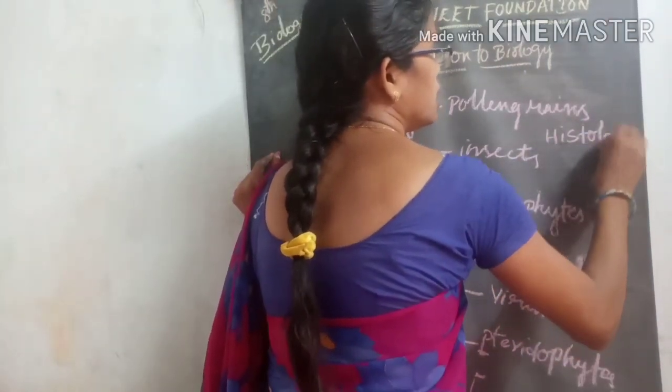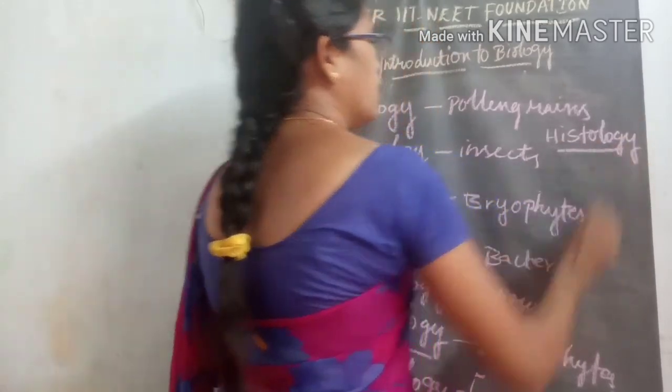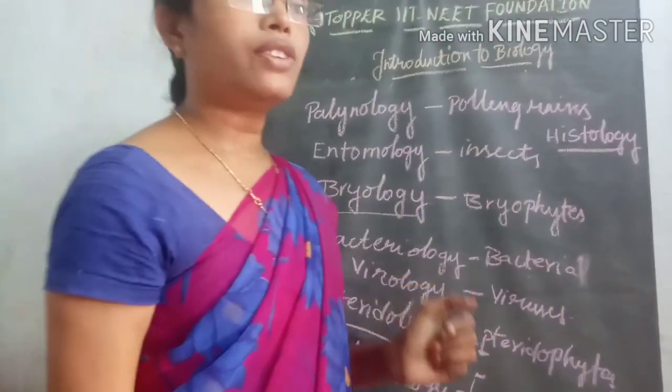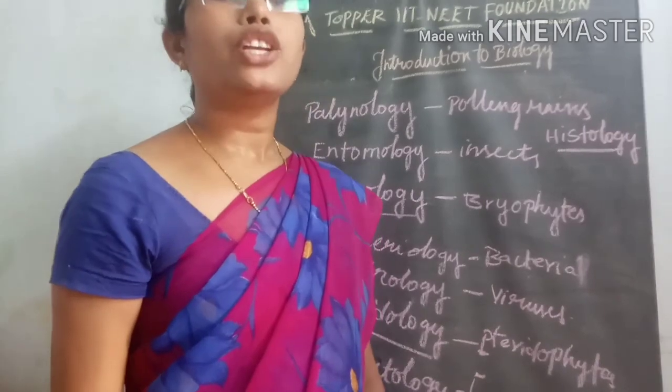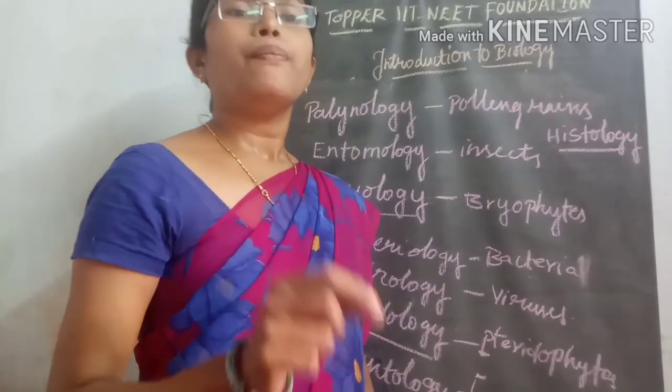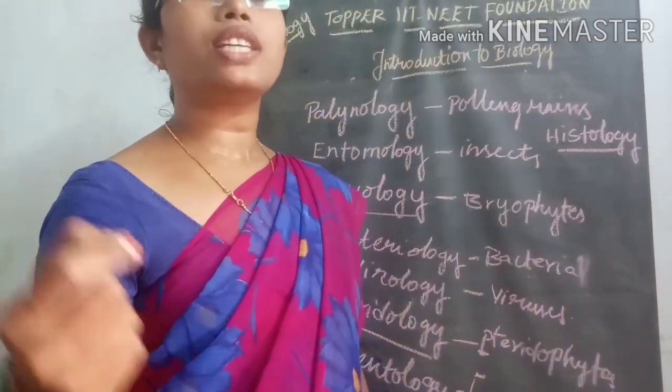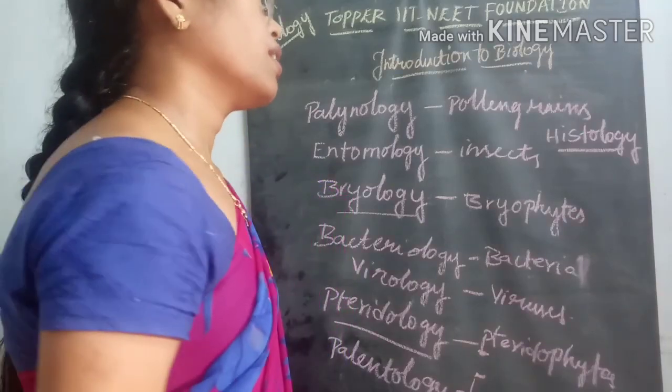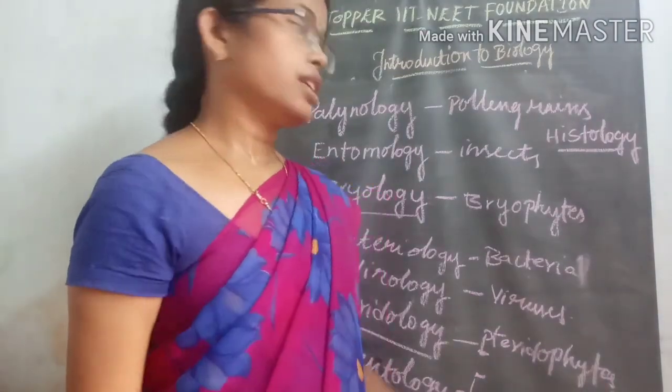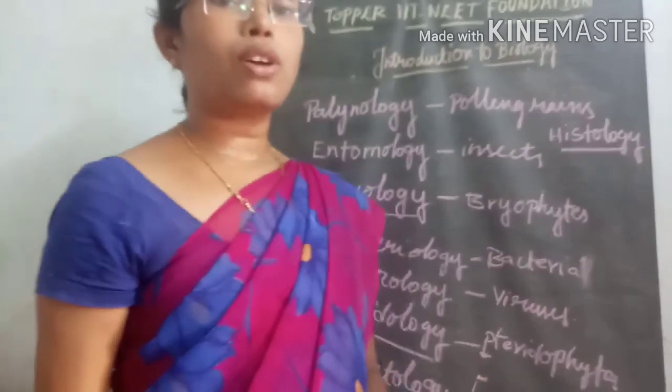And another important one is called histology. What is that? Histology. The study of the microscopic structure of different organs or tissues and whatever different layers are present inside the structures comes under histology.